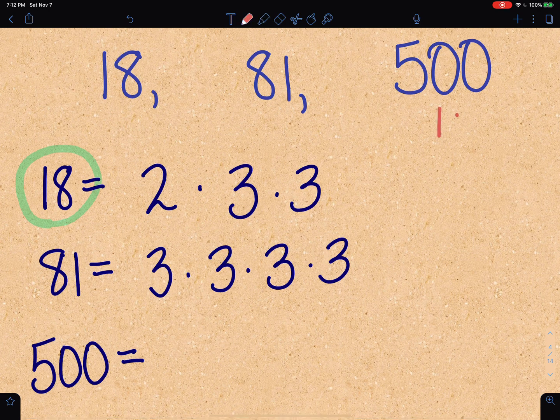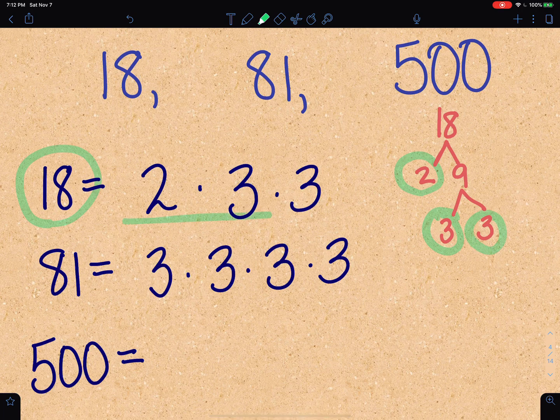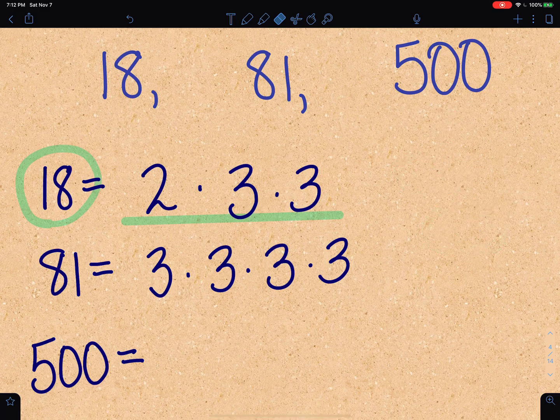If it's divisible by 2, then I divide it into 2 and 9. And then 9 is not divisible by 2, but 3 goes into it, so I can do 3 and 3. And then these 3 numbers are the prime factors, 2 times 3 times 3. So that's how I figure out the prime factors, okay?